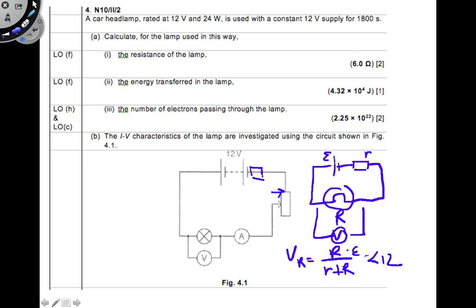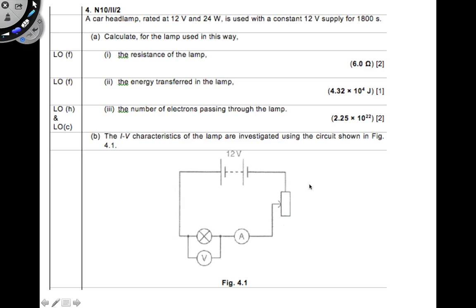Clear the screen first. Okay, so let's say I lower this all the way down to the maximum here. I will have a maximum resistance of 10 ohms. This one has a maximum resistance of 6 ohms.